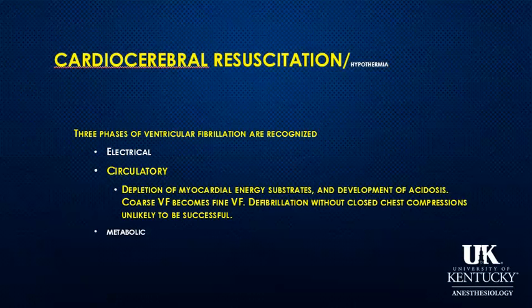Shortly thereafter, the ventricle enters into what's called the circulatory phase of ventricular fibrillation, at which time there's depletion of myocardial energy substrates and the development of acidosis. Coarse VF becomes fine VF, and it has been shown that defibrillation without closed chest compressions is unlikely to be successful during this phase.